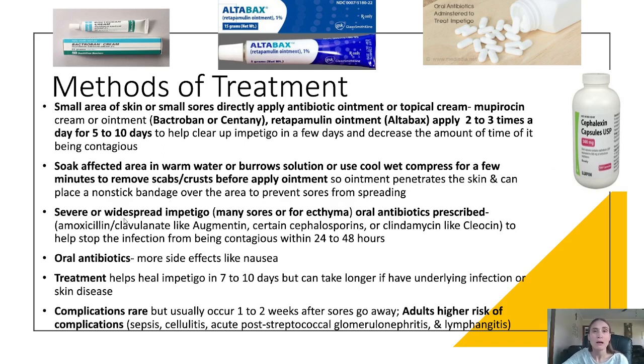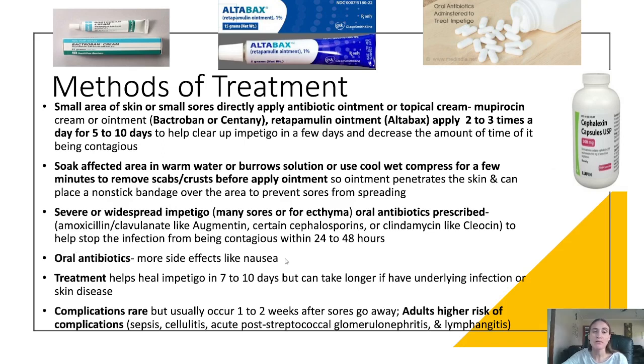Now, if you have severe or widespread impetigo, where there are a lot of sores, or ecthyma because it has gone untreated, they usually prescribe oral antibiotics, of which I have two here on the top right and the far right. You have amoxicillin, Augmentin is a good one, certain cephalosporins, clindamycin.